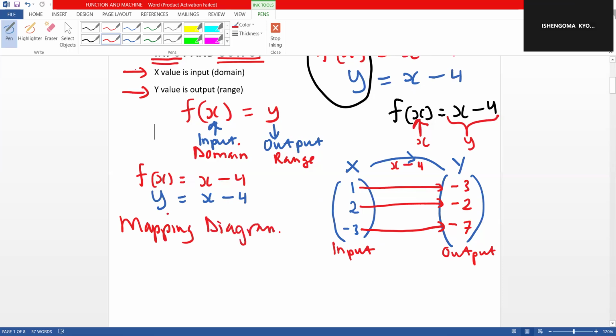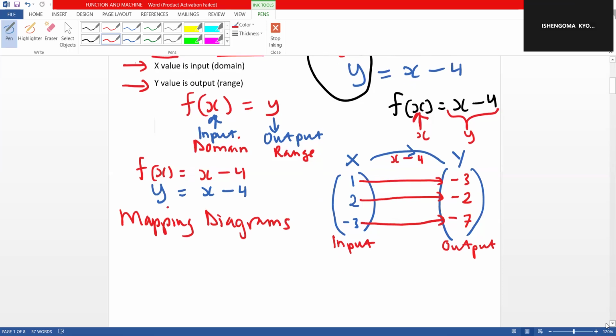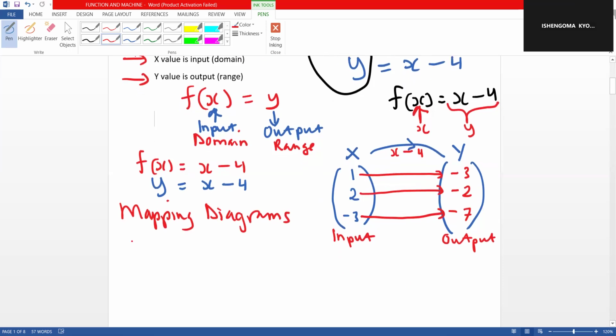So mapping diagrams can be written in different ways. For example, I can put them in a straight line, and I say my input can be, and I put different values on a line, let's say negative 4.